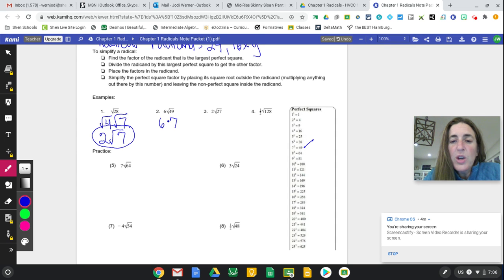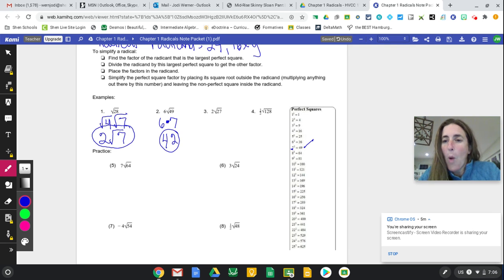Because see how the 49 is a perfect square? 7 times 7 is 49. And if I take the square root of it, it's just 7. So now, when there's a number on the outside, I simply multiply it by that coefficient. So 6 times 7 is 42. And there is my answer. Wow, that was fun. Let's try another one.